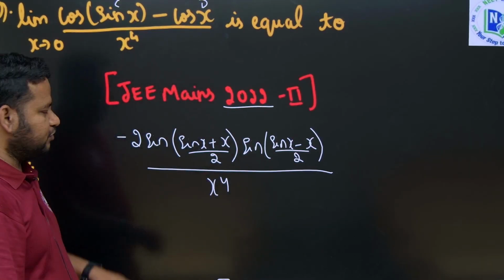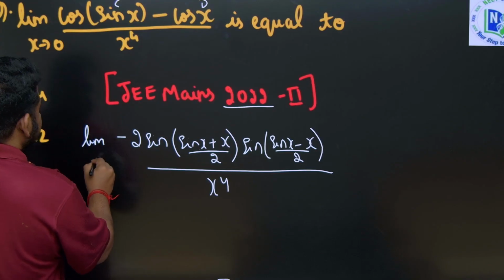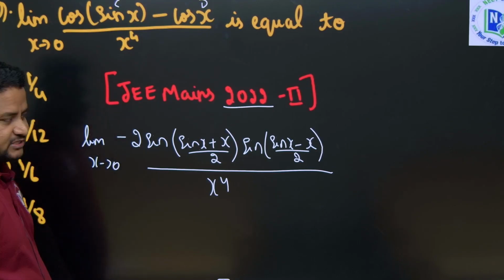Here c is sin x and d is x. So the limit as x extends to 0 is given.